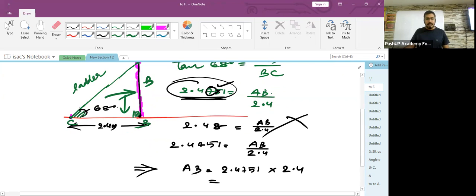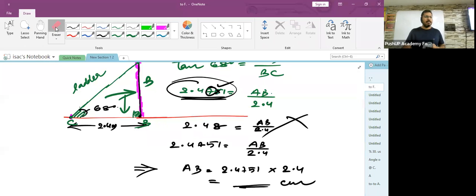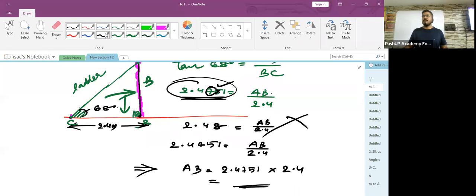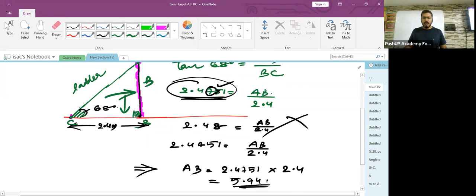Just multiply this, and here in the final answer, you have to give me the answer in 2 decimal places. 5.94. Is everyone getting the same answer? Milan, how much are you getting? 5.94 meters. Is this what you're getting?